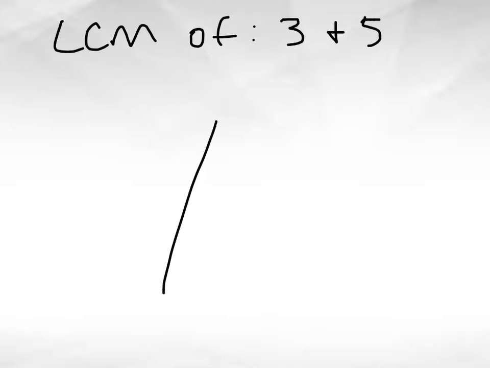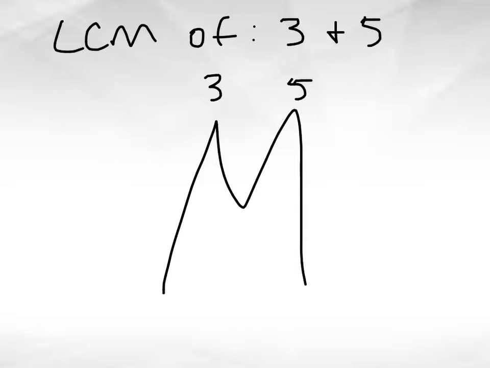Let's try another. LCM of 3 and 5. So you set up your M, 3 and 5, 3, 6, 9, 12, 5, 10, 15, 20.